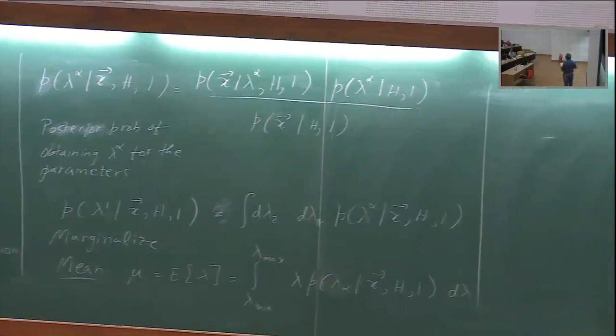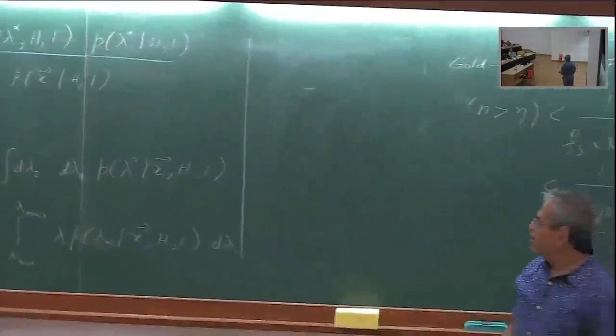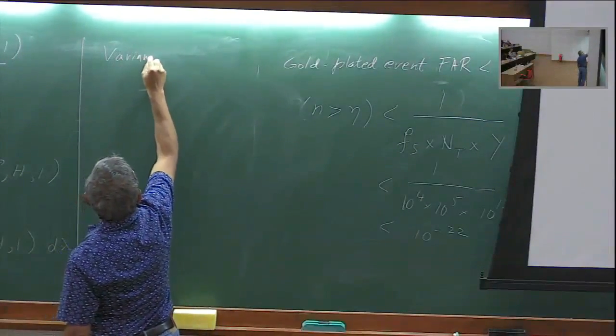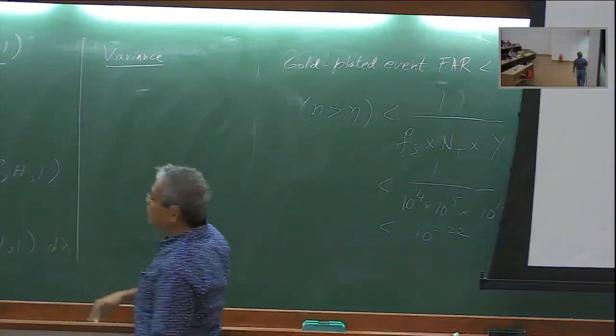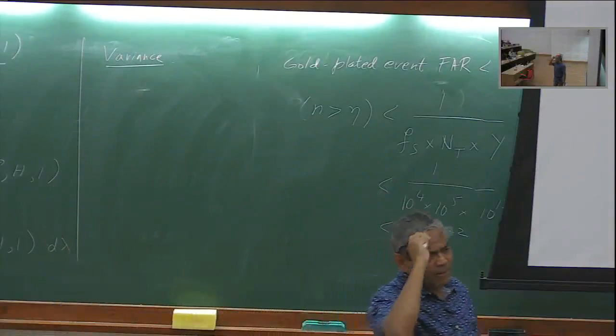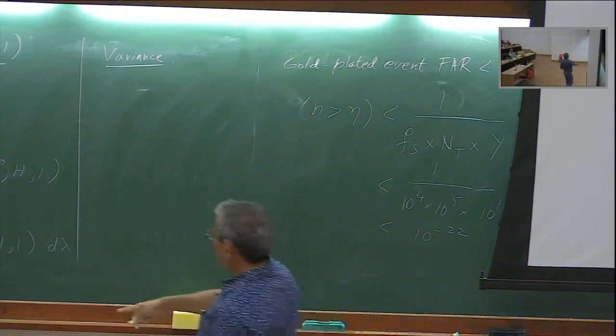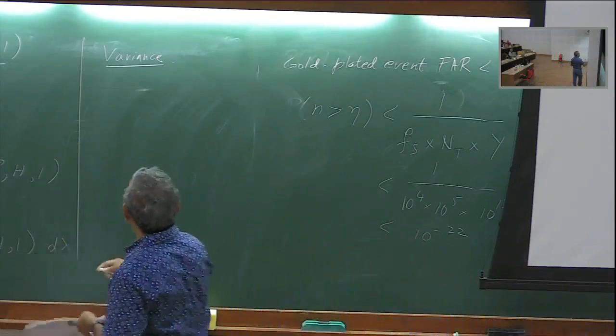Similarly, you may want to quote the variance, or you may want to quote the standard deviation, which is often quoted in our list of parameter values. You can compute that again from this probability distribution.